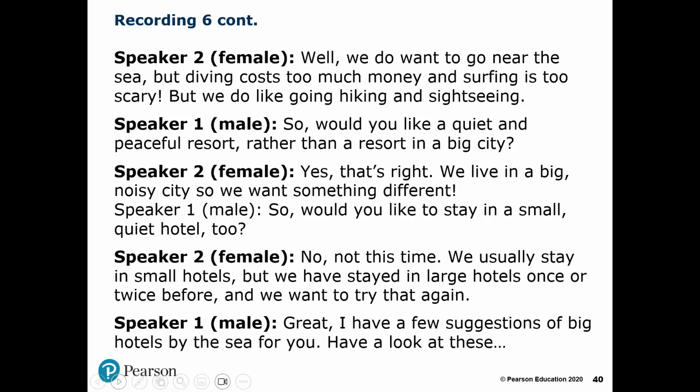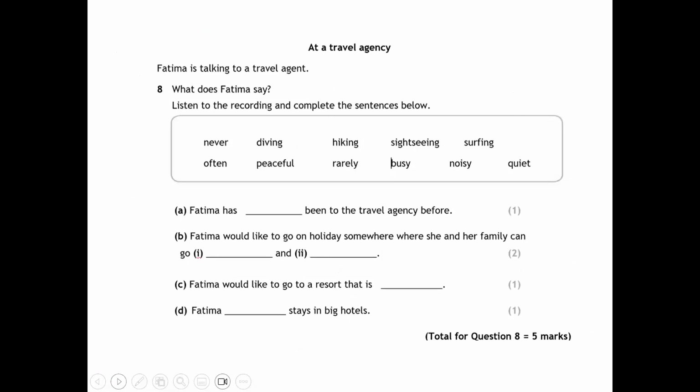The processing load picks up, but we're still in the domain of relatively accessible vocabulary. And this is a multiple completion question. Okay, so for 5 marks, the candidates have to decide which of the words from the box fits into the space that is there.